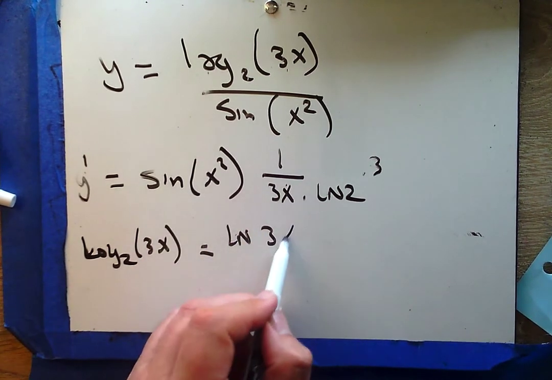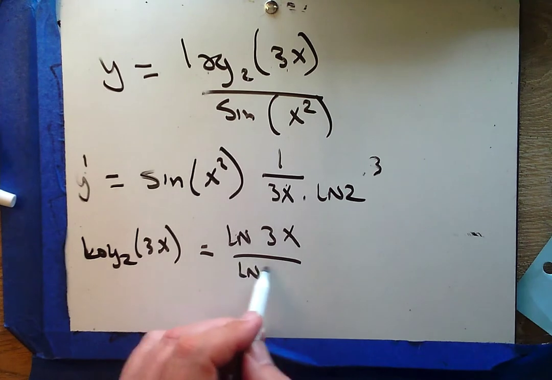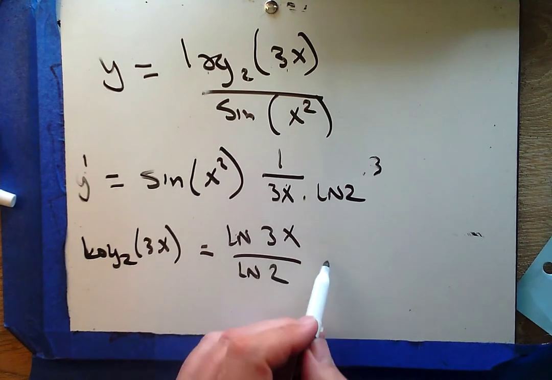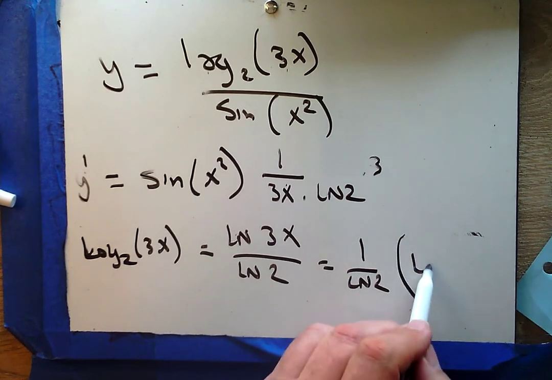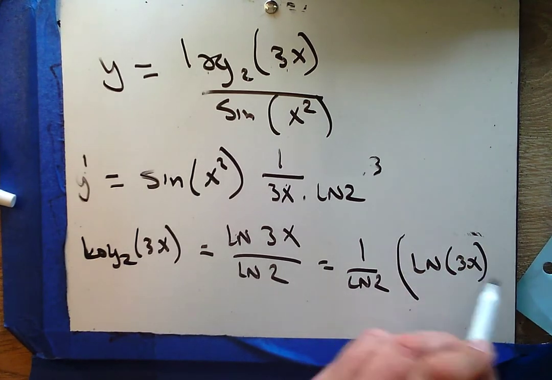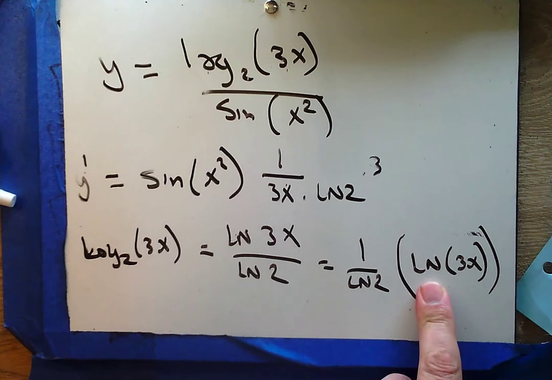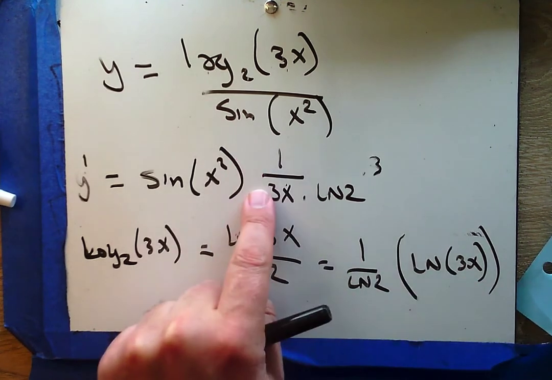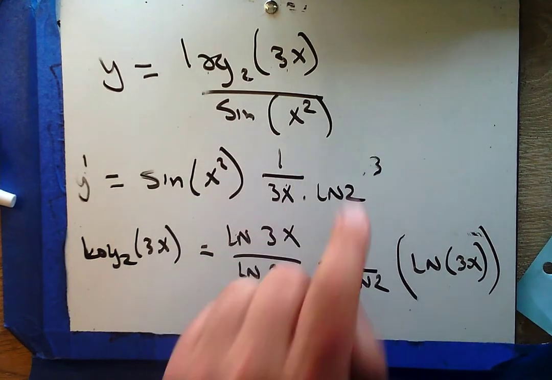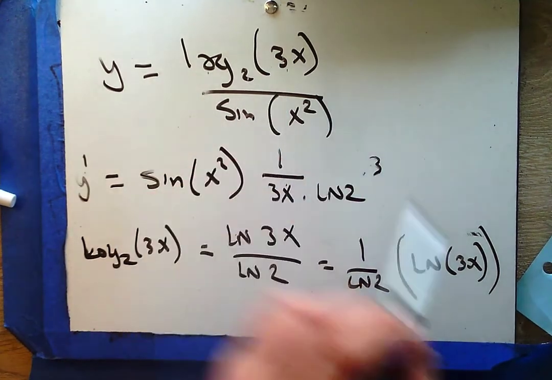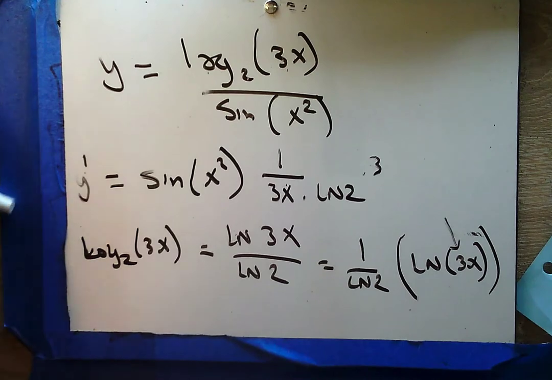So we have ln of 3x over ln of 2, and I could write that as 1 over ln of 2, a constant, times ln of 3x. When I take the derivative of ln of stuff, I get 1 over stuff times this constant 1 over ln of 2. Good. And then don't forget to take the derivative of that inside function.